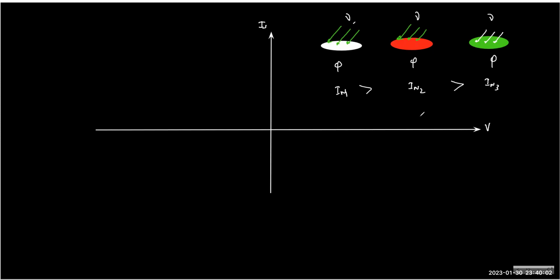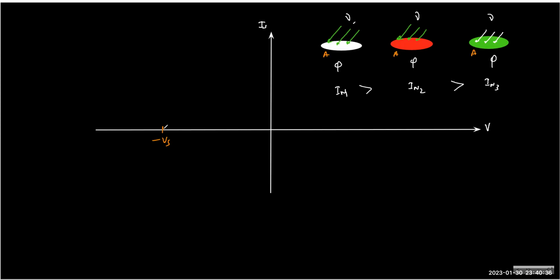So what will happen? In each case, the Ke max will be same or different? Sir, K max will be the same. So all will have the same stopping potential, but because they have different count of photons falling over them, they have the same area. So which one will have the maximum saturation current? Sir, here the first one.